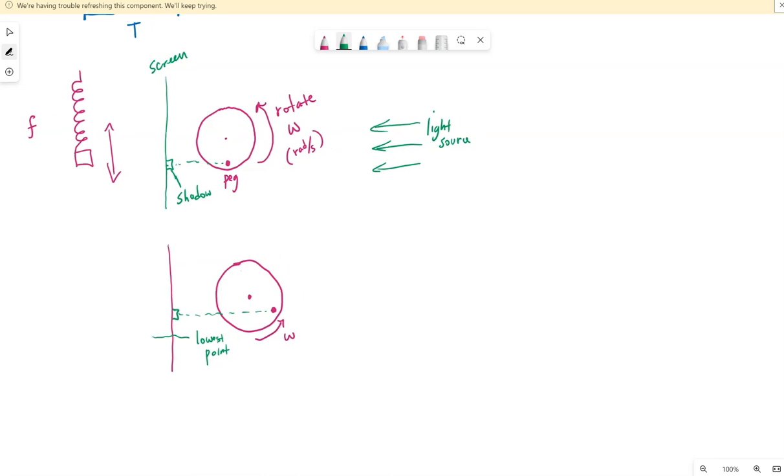If we were to continue looking at this disc rotating, the peg would be here at a moment in time, which means the shadow would be right here. And then the peg would be here. So this disc is rotating counterclockwise. Here's the peg. There's the shadow. So we would see this shadow start at this lowest point, and then it would oscillate up and down and up and down.